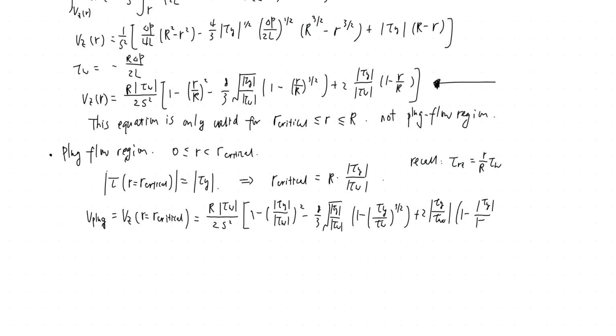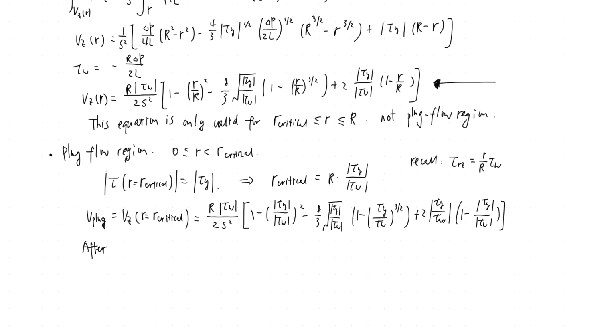Here, we just replace R critical divided by capital R with tau Y divided by tau W with the absolute sign. So you can further simplify this to get something after some simplification. Also verify on your own.